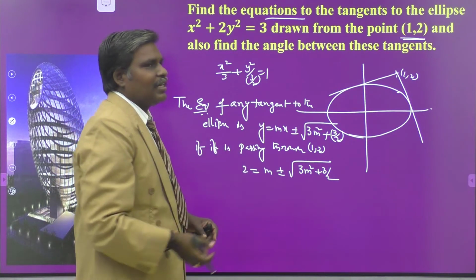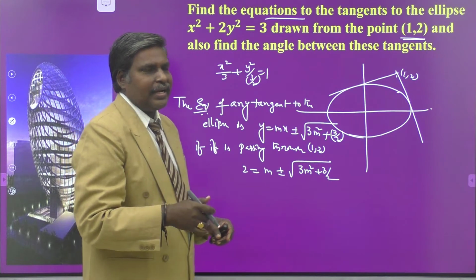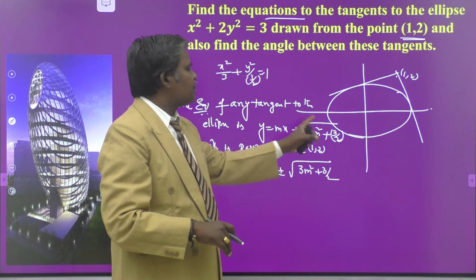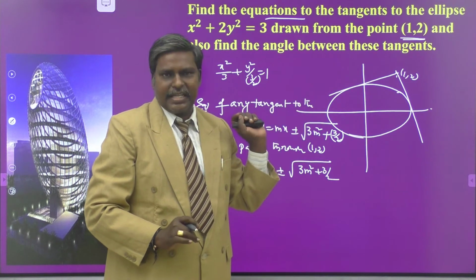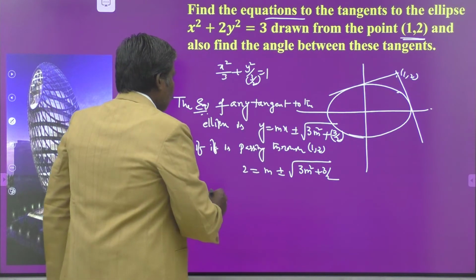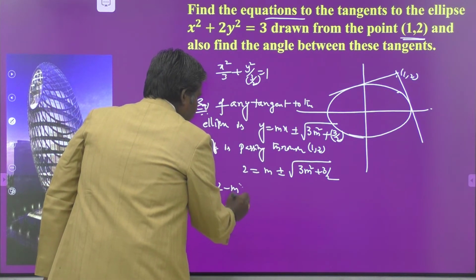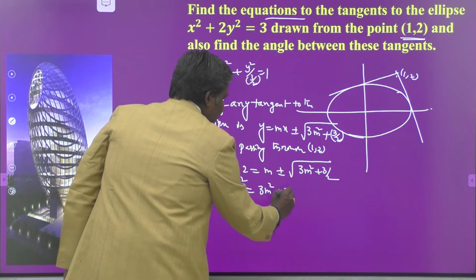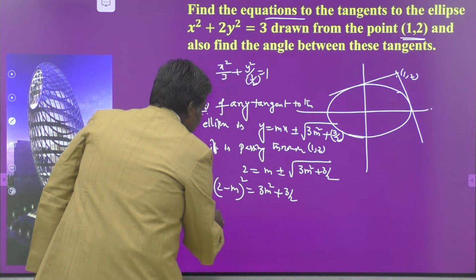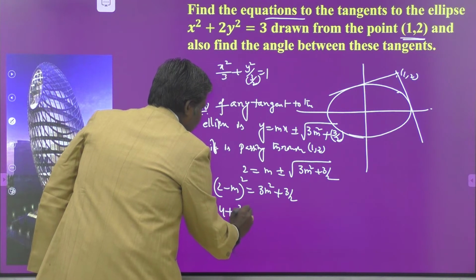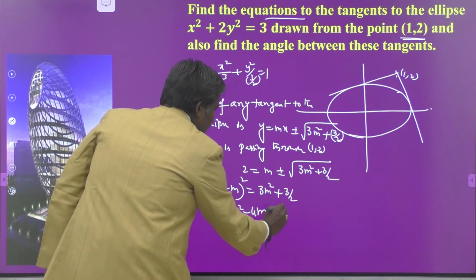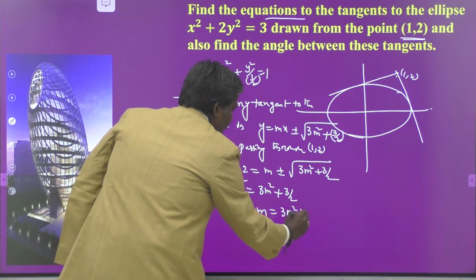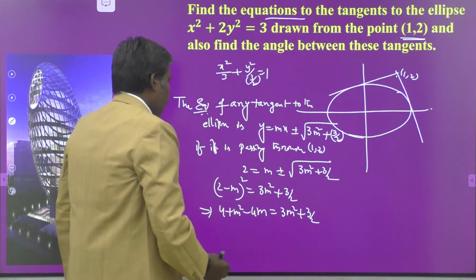So to avoid that situation, we have to write the equations again by just using the slope and that point itself. Understand? So (2 − m)² = 3m² + 3/2, which implies 4 + m² − 4m = 3m² + 3/2.